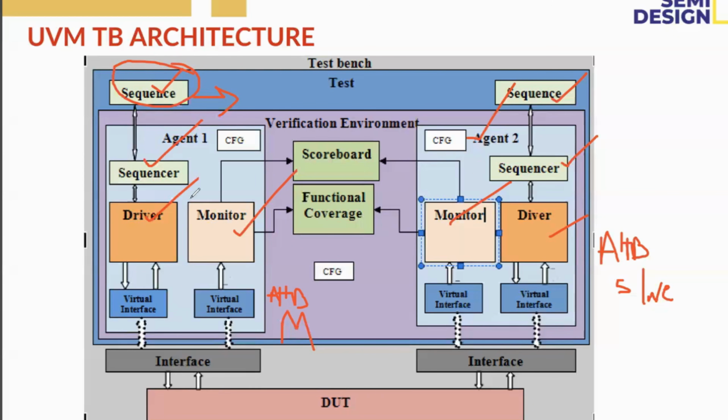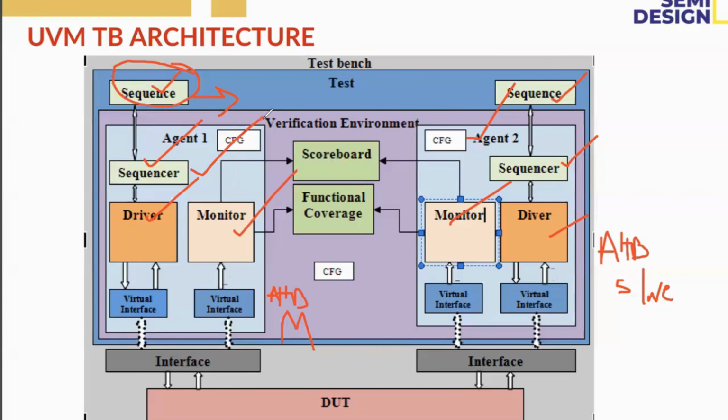Like that, here there is a sequencer, right? What is the sequencer? Whatever number of sequences are generated, the sequencer transfers them to the driver. It is nothing but a mediator between the sequence and the driver. It works like a routing device.